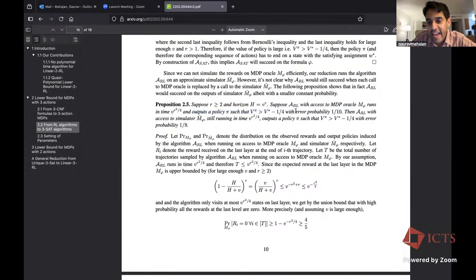So the error probability is 1 minus the success probability. Then if I have the same algorithm run on the simulator, it's still going to run in the same time, and it's going to output a policy which has the same value, but with a slightly different error probability.